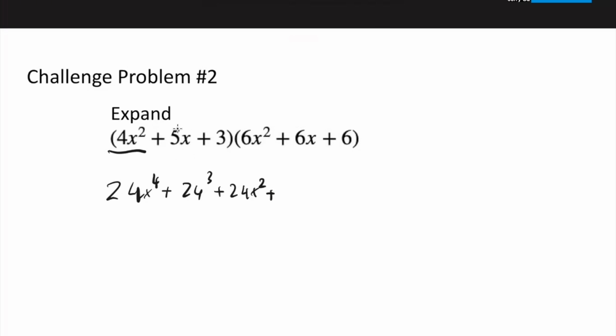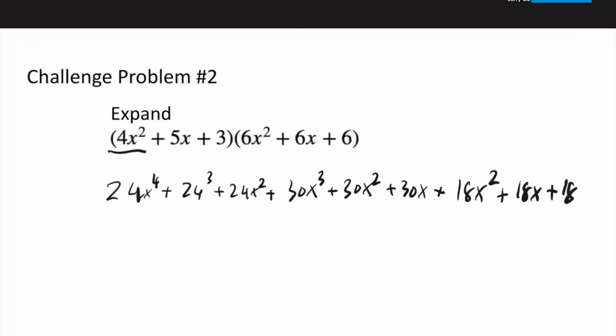And then doing multiplication of this term by this term, you'll get 30x cubed plus 30x squared plus 30x. And multiplying this term by all three right here, you'll get 18x squared plus 18x plus 18. Perfect.